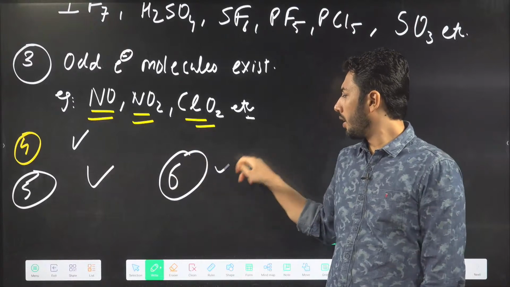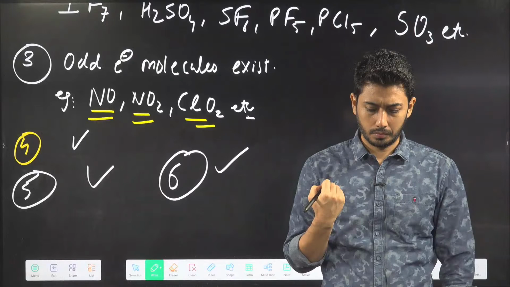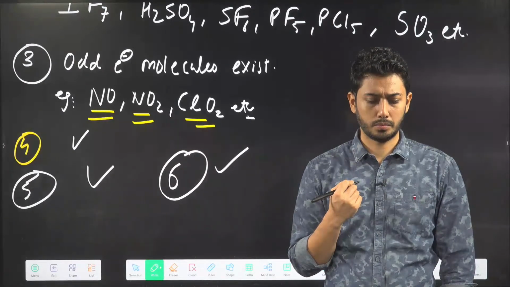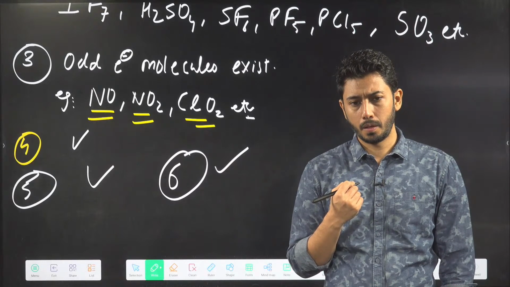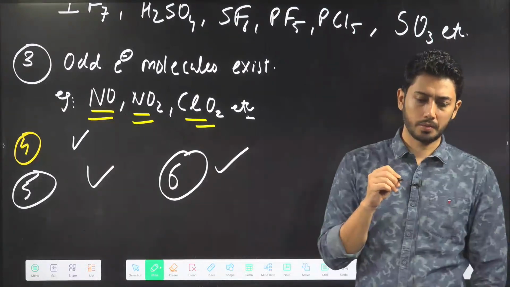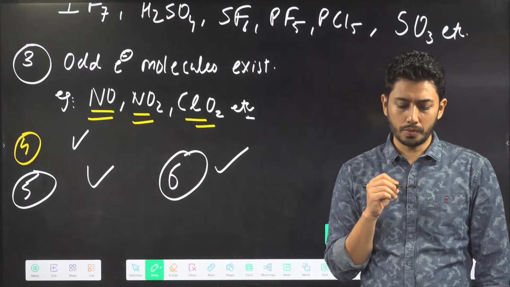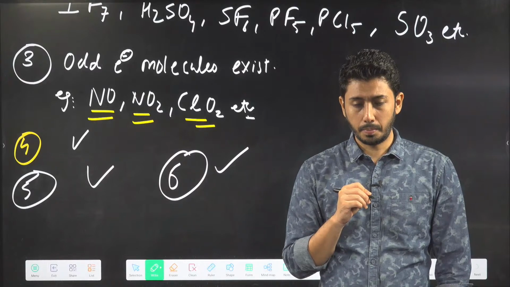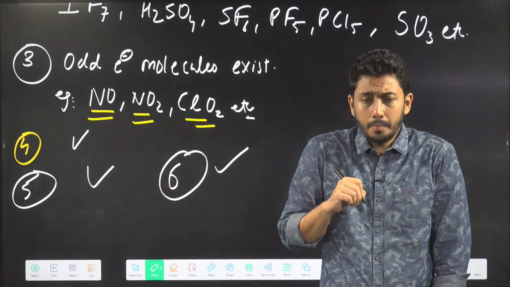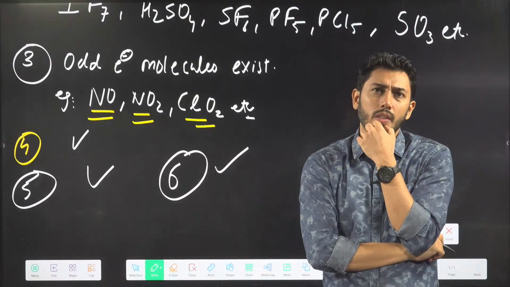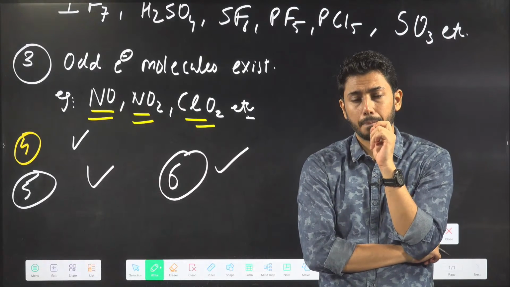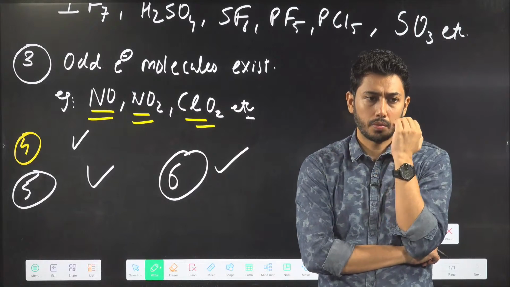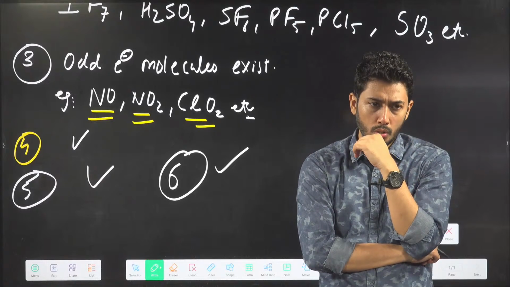The sixth point is the basis of this rule, which was the inertness of noble gases, became invalid because some inert gases also form compounds.